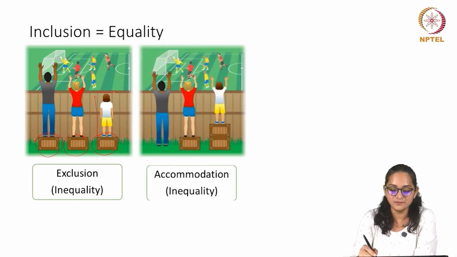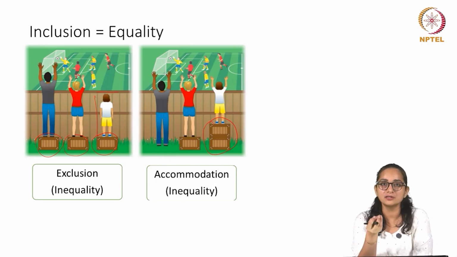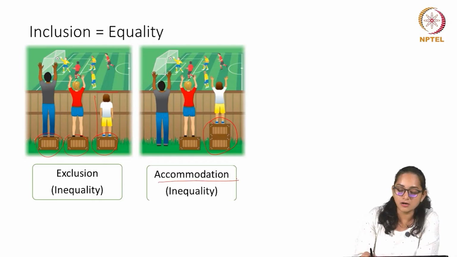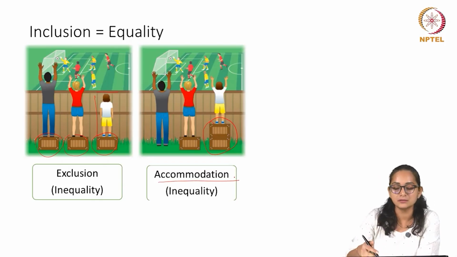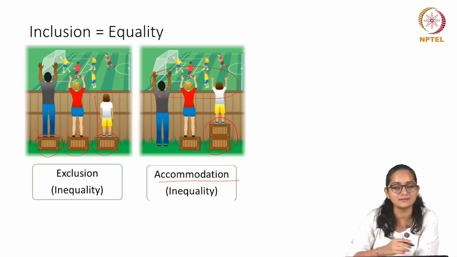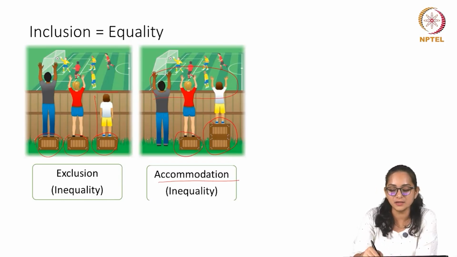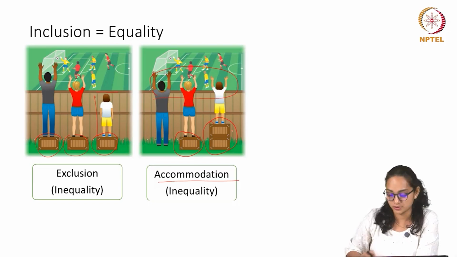Then if there is some reasonable accommodation, which means that we are providing a special kind of intervention for a special use case, it is called an accommodation or a reasonable accommodation, which enables most of the people to access the match. So all of them are now able to see, and depending on their needs, we are giving them different kinds of products. This is called accommodation.